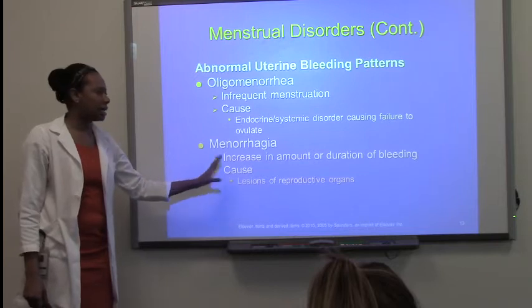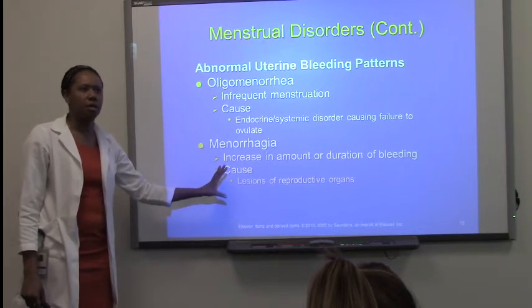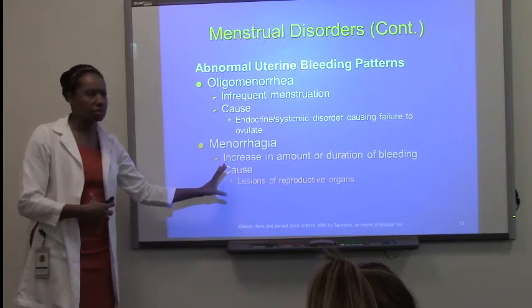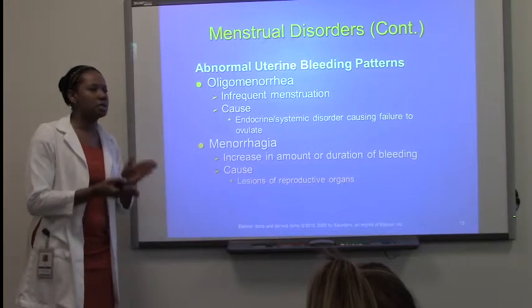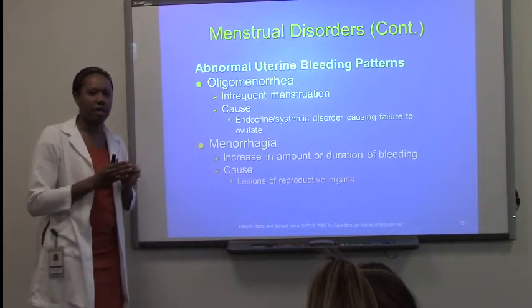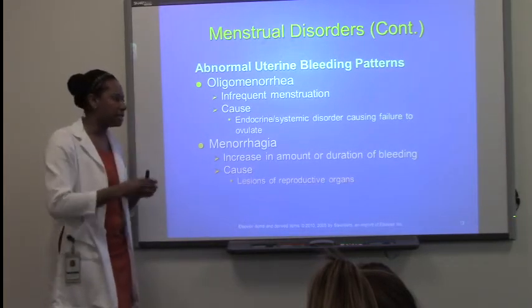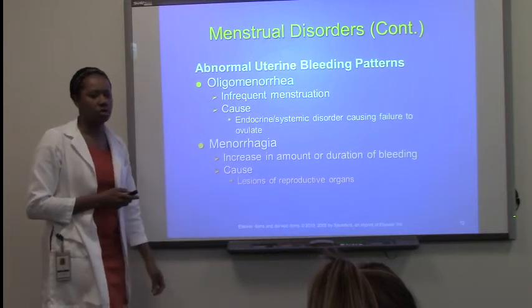So please understand that this can happen if a person has fibroids, the tumors inside the uterus or around the uterine wall, even sometimes lesions inside the uterus. Any type of extra scarring and things like that can cause this extra bleeding.